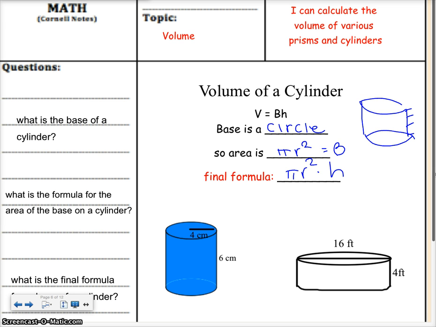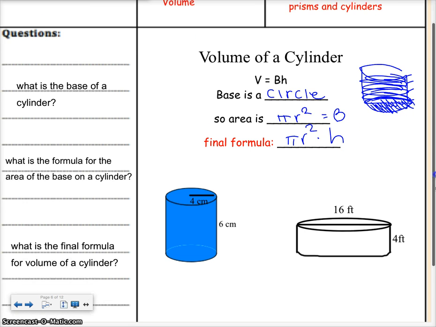The volume of a cylinder is pi r squared times h, which means let me fill up the bottom of this cylinder, and then I'm going to keep filling the bottom up however tall it is. So it's going to be the bottom circle by however tall it is.